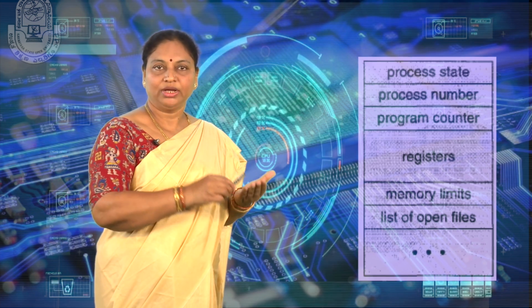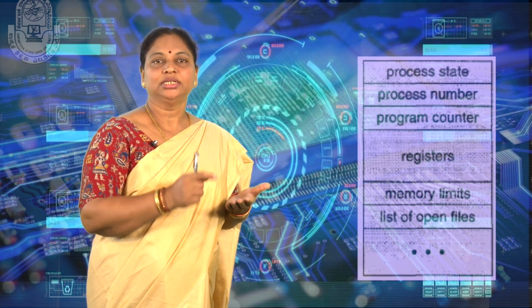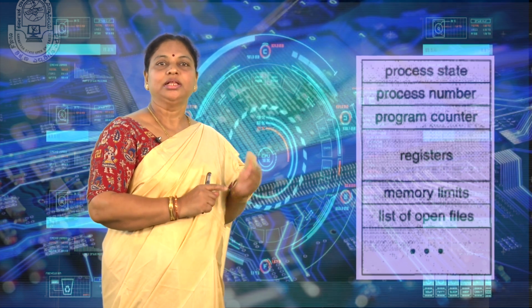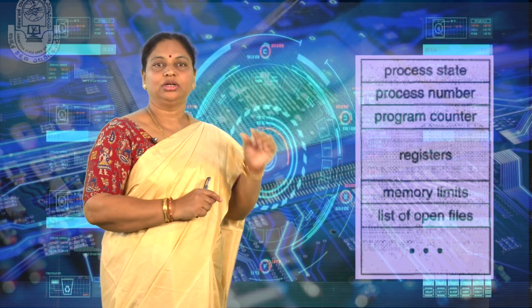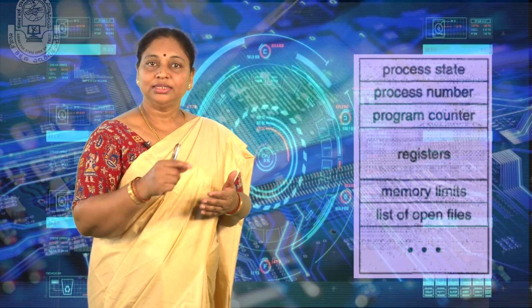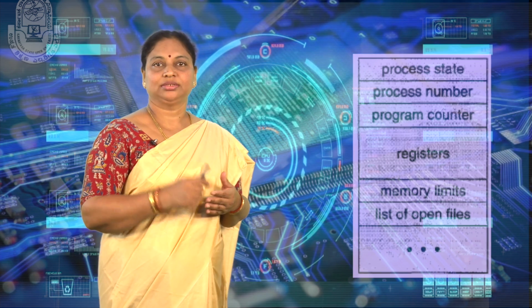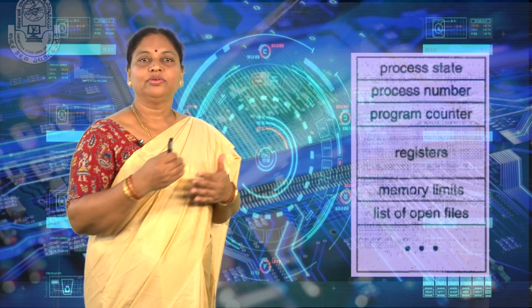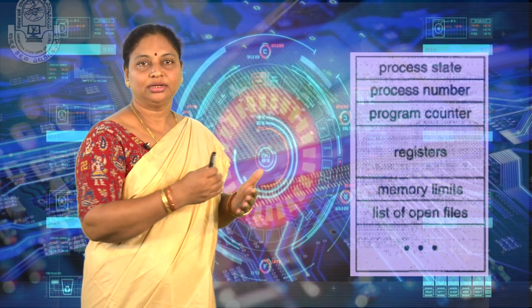As we know, we have the stack pointer. What is the task of the stack pointer register? It will be pointing to the top of the stack. Other than these specific registers, we have general purpose registers also, which will store data temporarily.